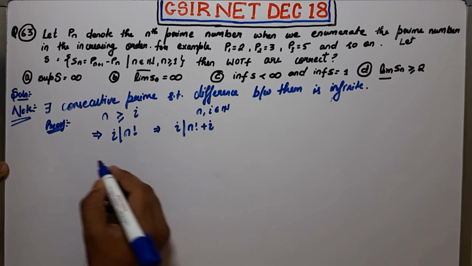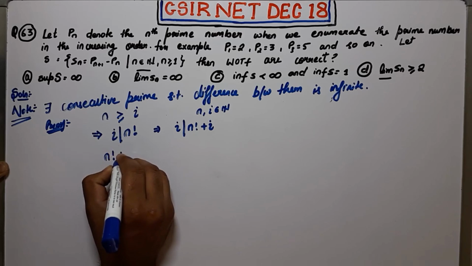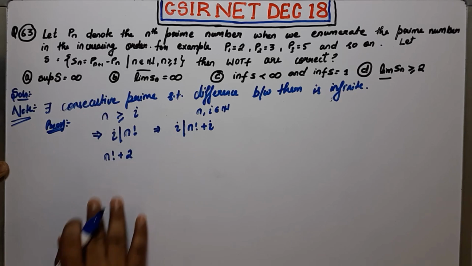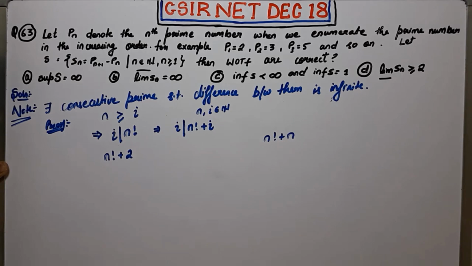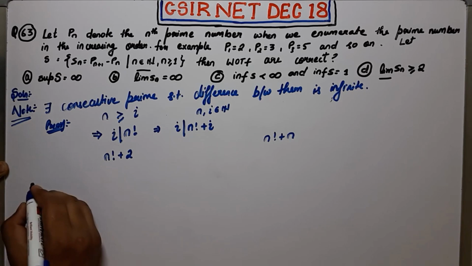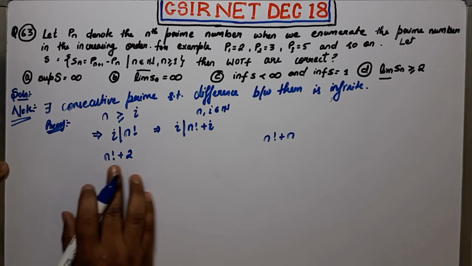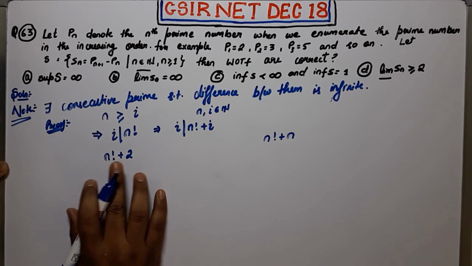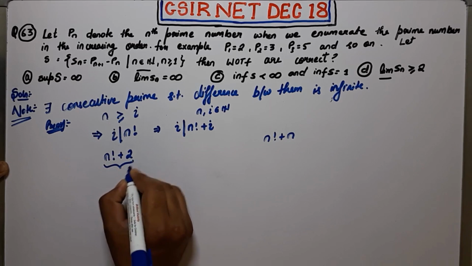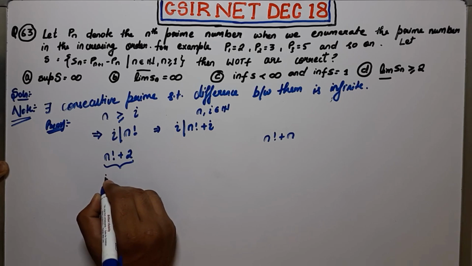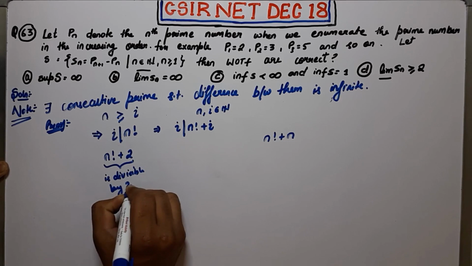Now let us take the number n factorial plus 2, and another number n factorial plus n. If n is large enough, then 2 will always divide n factorial plus 2. That means this number is divisible by 2.